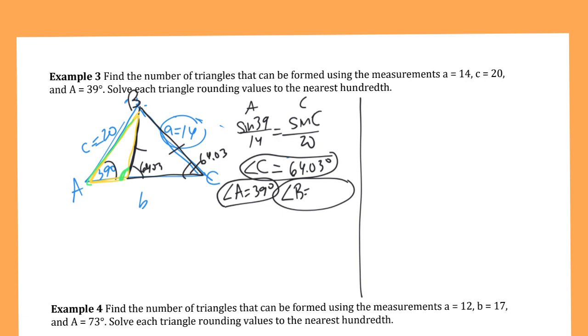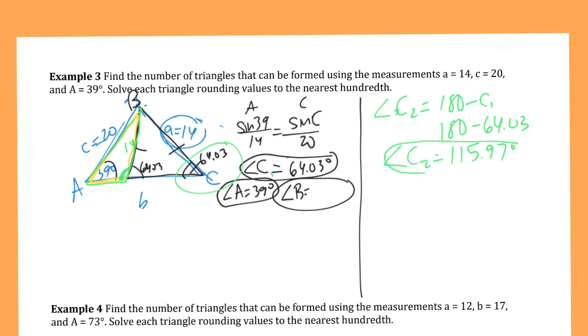So to find angle C2, we're going to take 180 minus C1, so 180 minus 64.03. Angle C2 should equal the supplement of 64.03, which is going to give us 115.97.